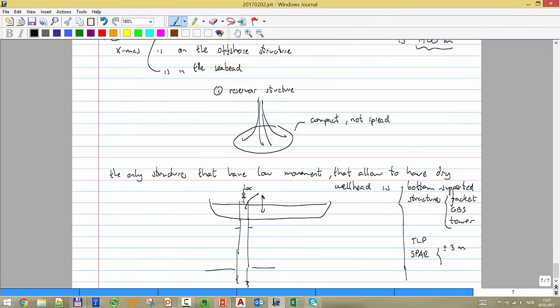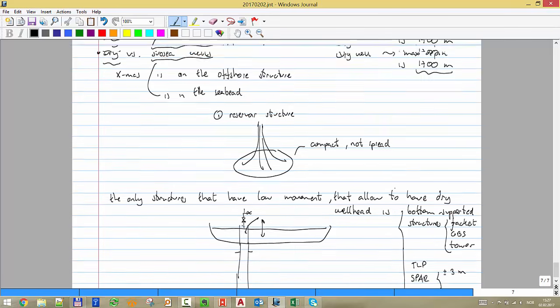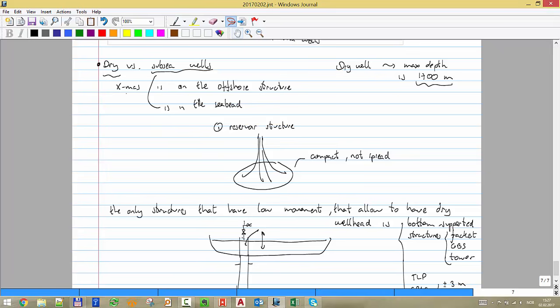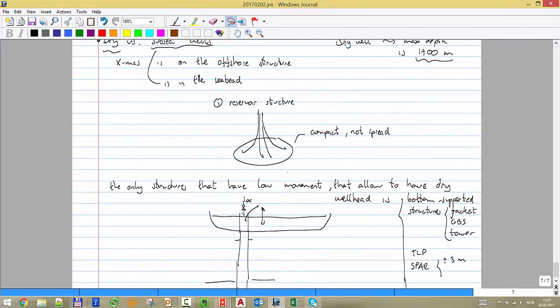Okay, TLP, spar, that's all. So if we want to have dry Christmas trees because we want to reach everything, another reason to have dry Christmas trees is that I need frequent well intervention.